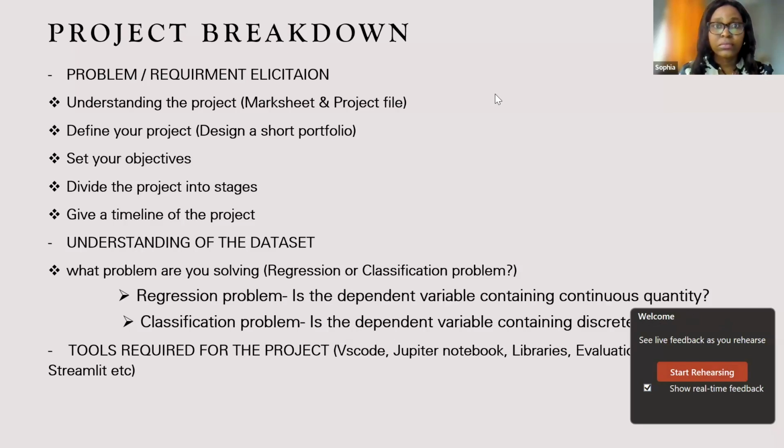You also need to understand the tools required for the project, whether you're going to work with VS Code or Jupyter Notebook, also considering the libraries you need for the project, and the evaluation metrics, and whether you're going to use Streamlit, because I made use of Streamlit to show my presentation.